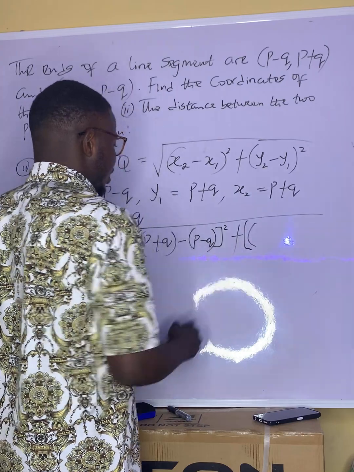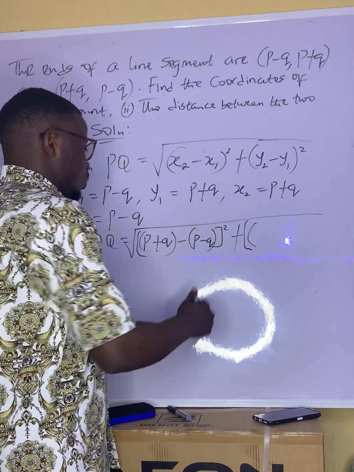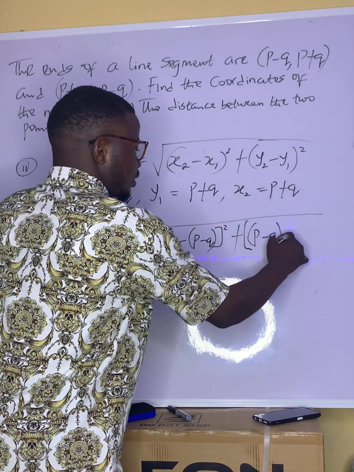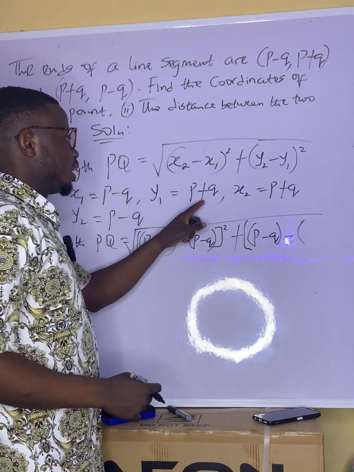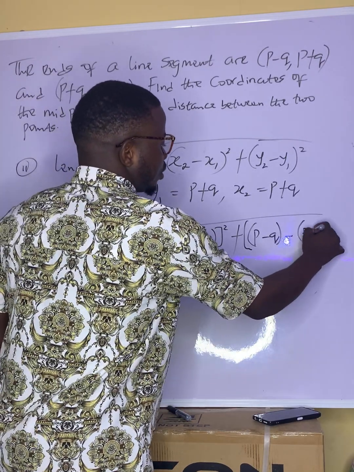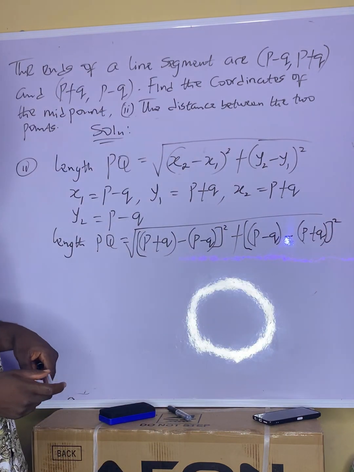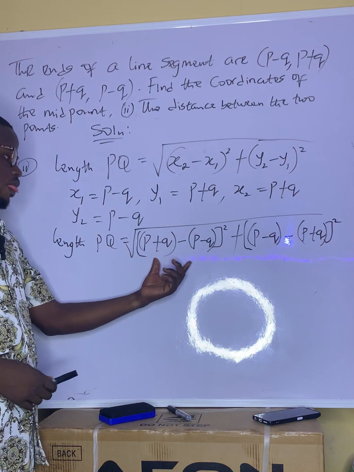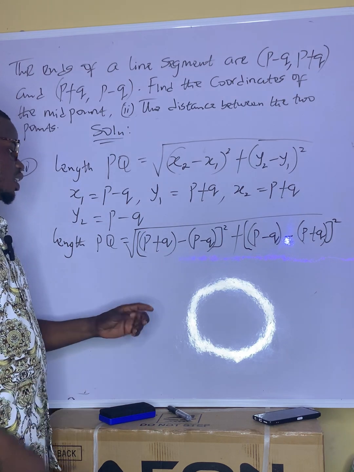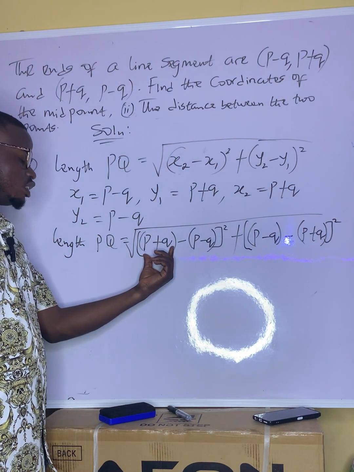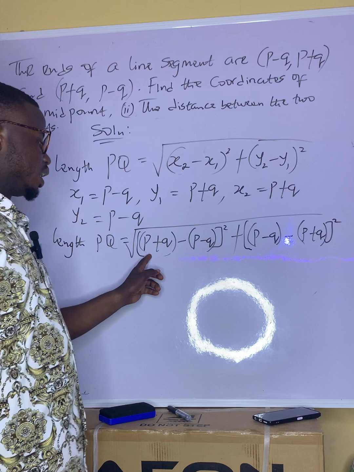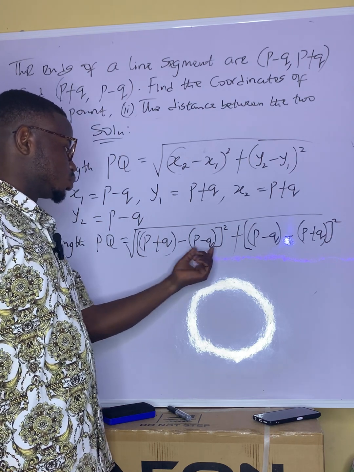Now open another bracket, the value of y2, which is P minus Q, minus the value of y1, which is P plus Q, all squared. So now we need to take note of the operation that we are performing here, because here we have this one addition of two things, then this particular one too.